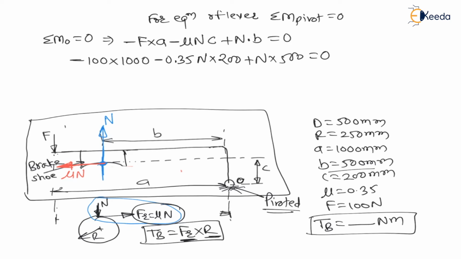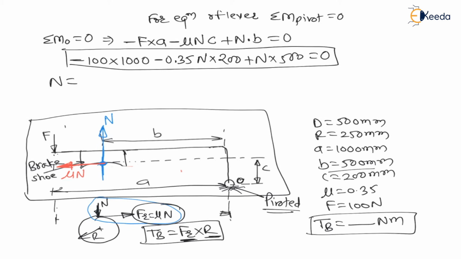My dear students, in this equation only the normal reaction is unknown. Therefore solve for normal reaction, and you will get normal reaction equal to 232.558 Newton.